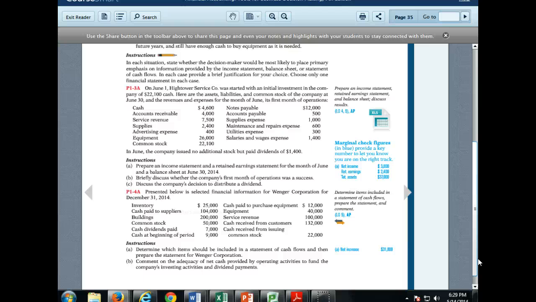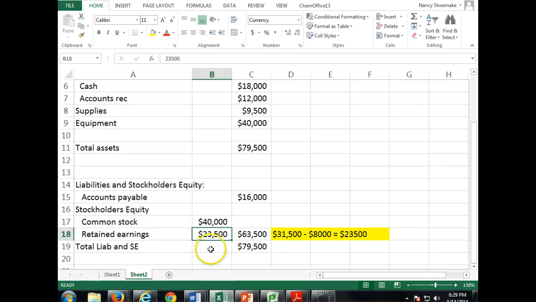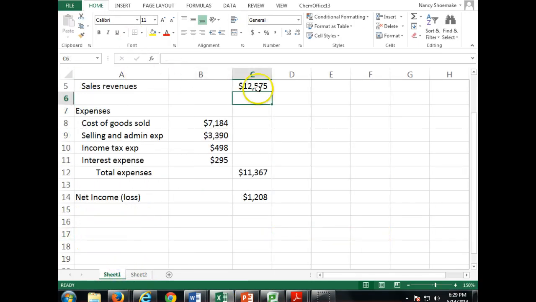We need to prepare an income statement and a retained earnings statement for the month of June, along with the balance sheet. So let's look at our income statement, and we know we're going to prepare the income statement first, then the retained earnings statement second, then our balance sheet, okay? So when we talk about our income statement, what do we put in our income statement?